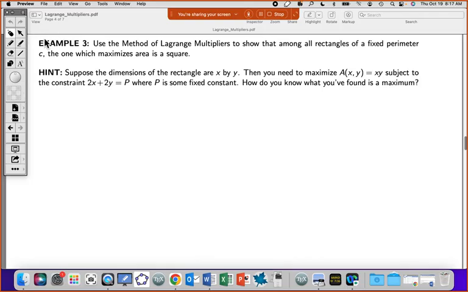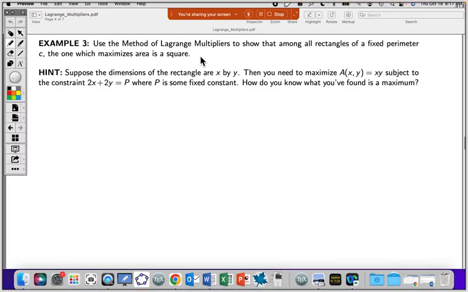This is a classic example. Use the method of Lagrange multipliers to show that among all rectangles of a fixed perimeter, C, the one which maximizes area is a square. And as I'm seeing here, that C should actually be P for perimeter.